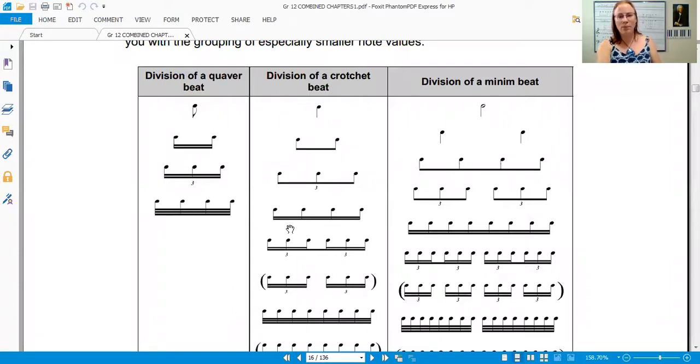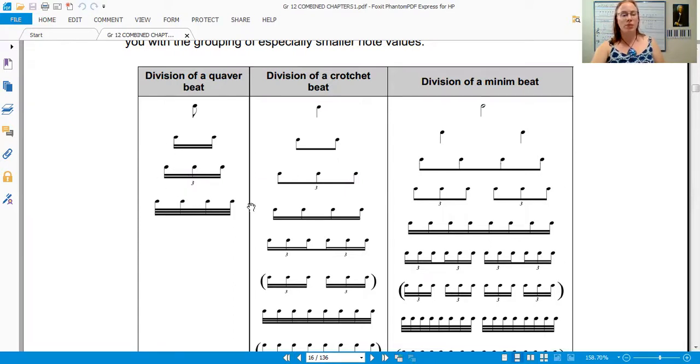Okay, so you can see there that we have to know how we divide a beat. If we look at a quaver beat, so that is when you have 3/8 or 4/8 time signatures like that, you can see that you split your quaver beat into 2 semiquavers. If you have a triplet, there you go.